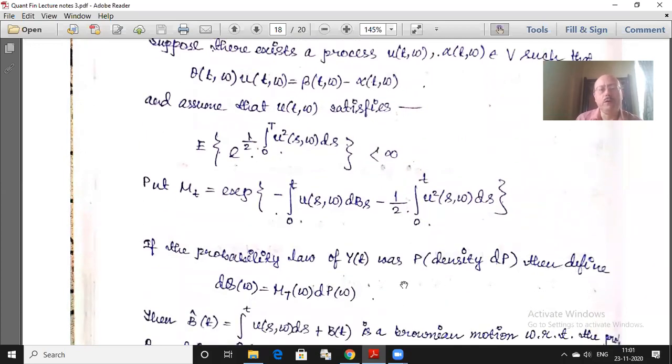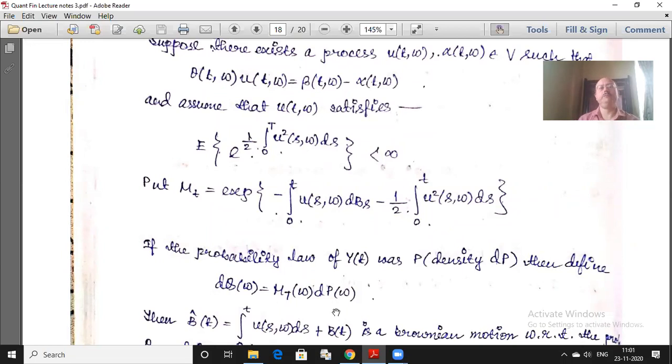Suppose the probability law of y is denoted by P and it has a density dP. We are assuming that it has a density so that we can do explicit calculations. Now define a new density dQ, or a new probability law Q, through this relation: dQ is MT dP.